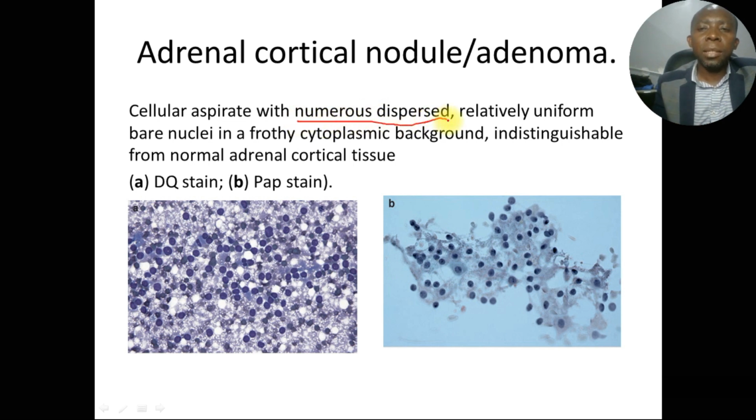They are fairly dispersed and relatively uniform. If they are uniform, it means they are barely of the same size. And the nuclei are bare. We can hardly tell where the cytoplasm is, but they appear as if they don't have cytoplasm, and they are appearing in a frothy cytoplasmic background.